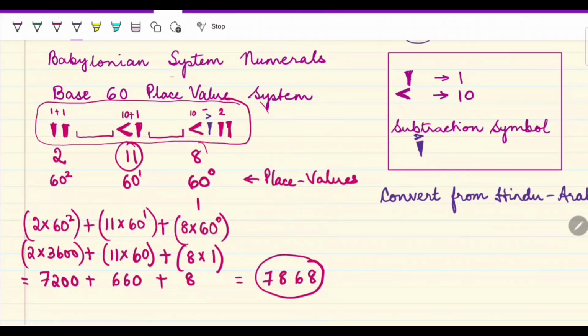And we saw that when converting from Babylonian to Hindu Arabic, we had to multiply each digit with its positional value, and then we added them up to come up with the Hindu Arabic equivalent of the numeral.